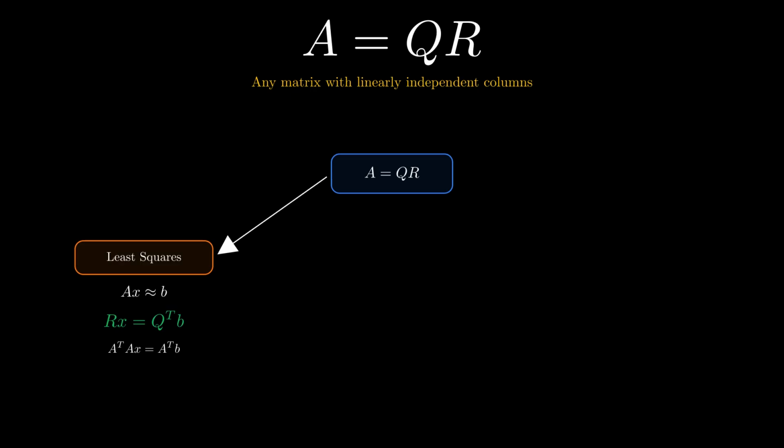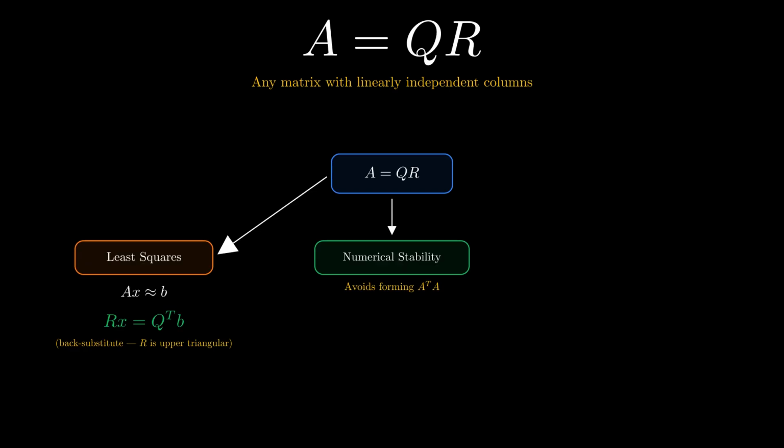Substituting A equals QR and using the fact that Q transpose Q equals the identity, everything simplifies down to Rx equals Q transpose b. Since R is upper triangular, back substitution finishes the job. This avoids forming A transpose A, which amplifies numerical errors. QR also powers eigenvalue algorithms through a process called QR iteration.